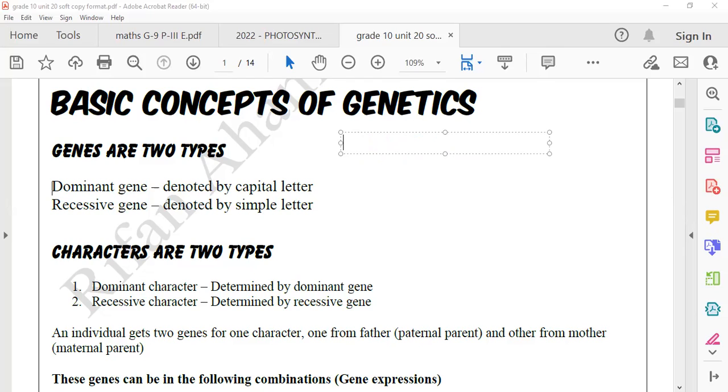One gene coming from the father and one gene coming from the mother. Okay. For a simple example, say your father is right-handed. Your father is, what is it? Right-handed.